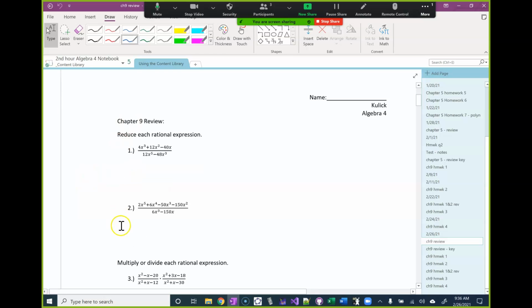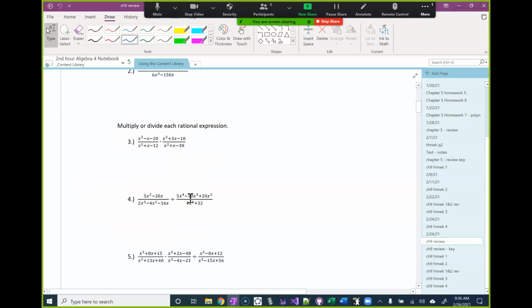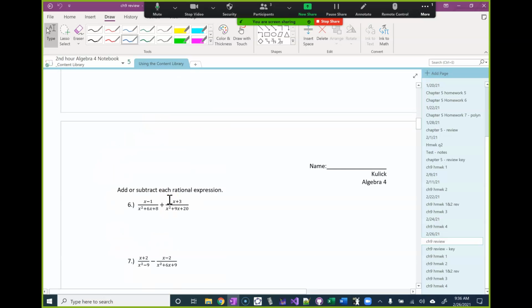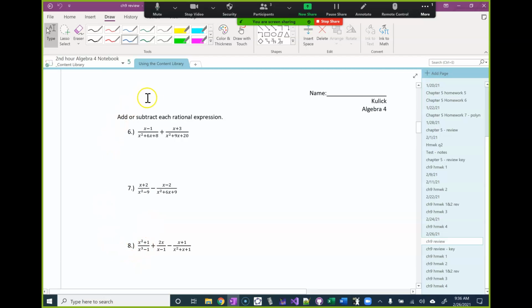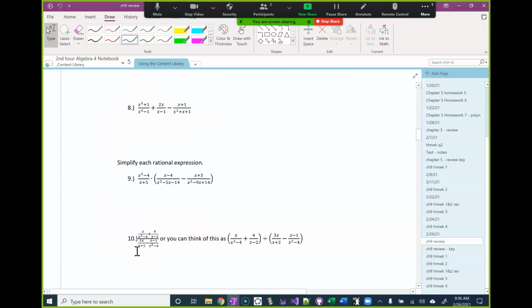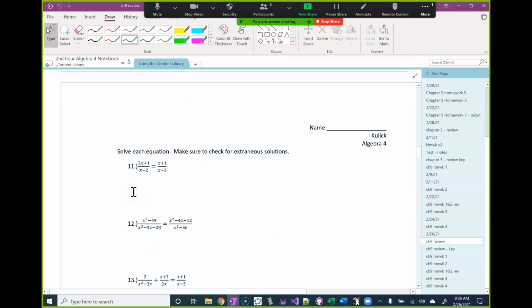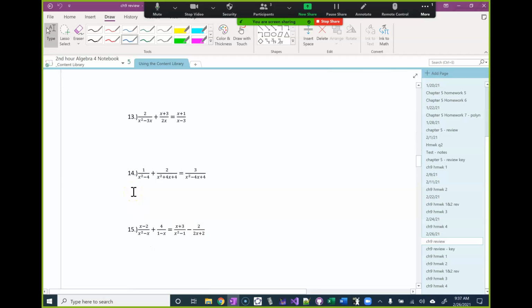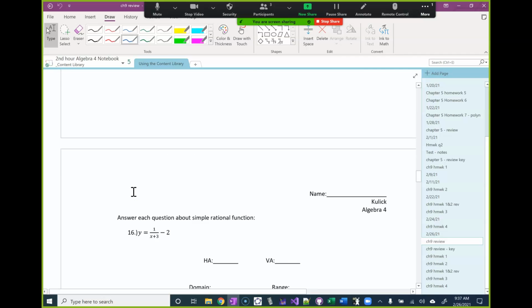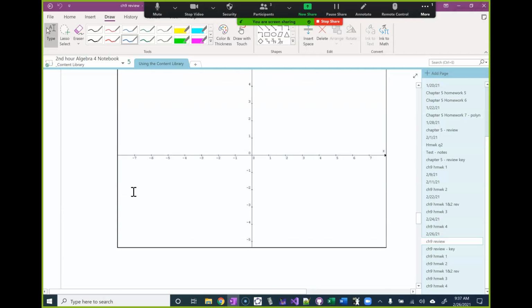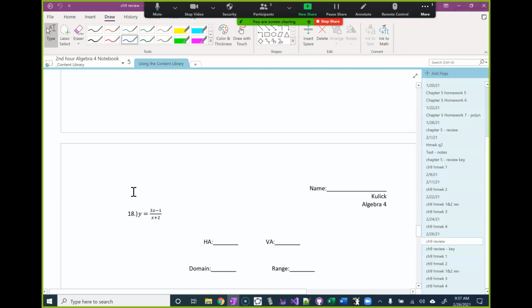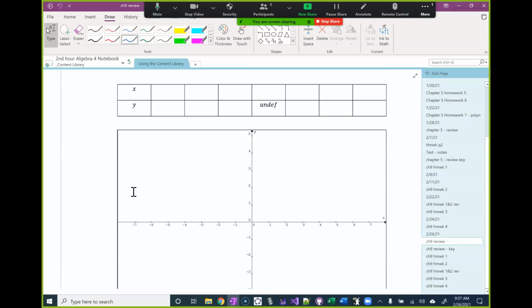So in the review, we have 2 reducing problems, 3 multiplication and division problems, 3 adding and subtracting problems, and 2 problems combining multiplication, division, and addition, subtraction, where we're combining the different operations. Then I have 5 solving problems, and 2 graphing problems. The format will be the same, the questions the same way, at approximately the same level of difficulty.